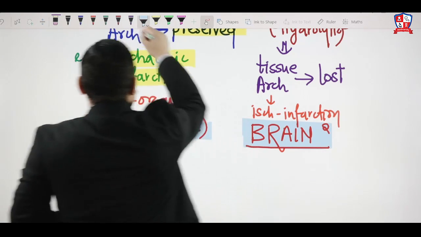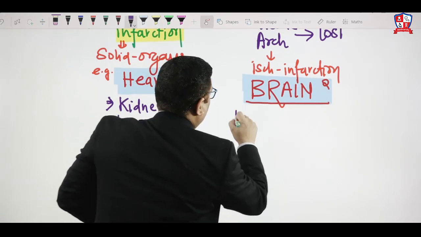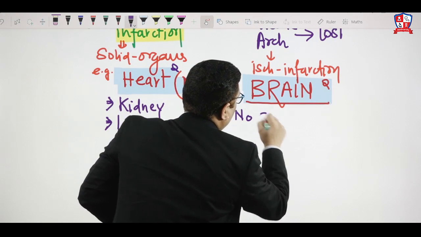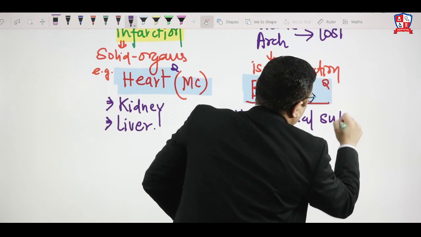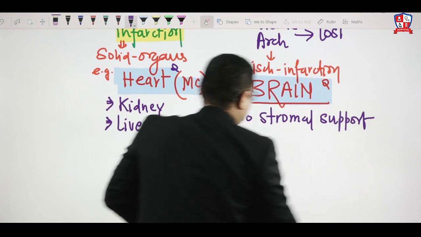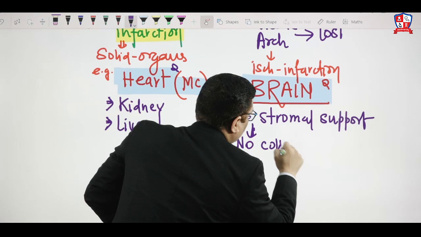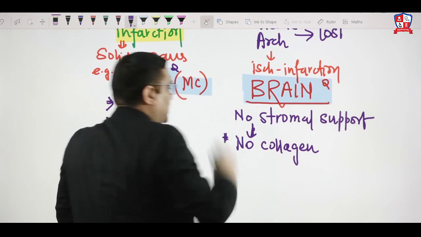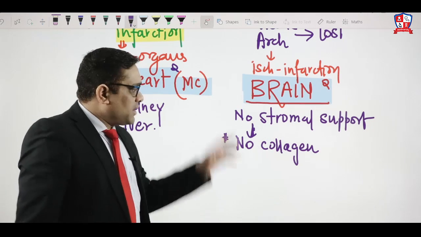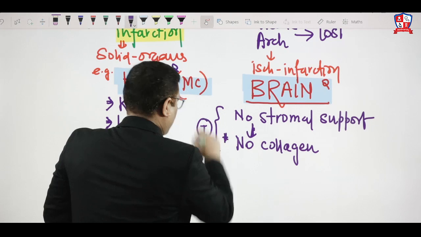So why is it showing liquefactive necrosis? Because there is no stromal support. Number one, no stromal support. Why is there no stromal support? Because there is no collagen in brain, right? So there is no collagen in brain tissue. That is why there is no stromal support. So this is number one reason why there is liquefactive necrosis.